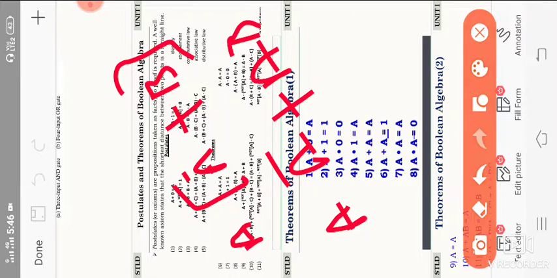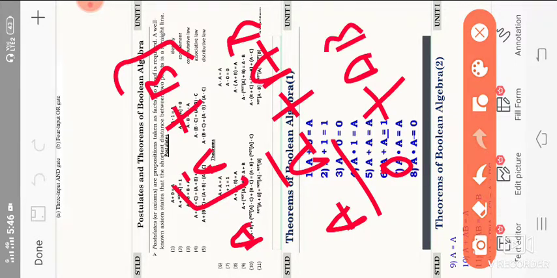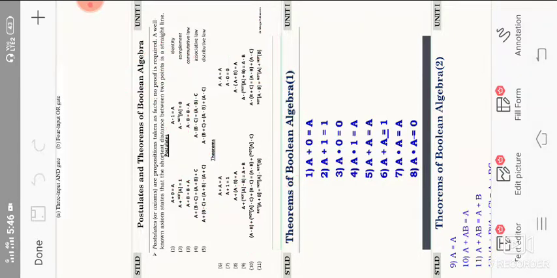We have already discussed A into A bar equal to 0, plus AB. So finally we are getting AB. Those are the Boolean theorems we are implementing. Don't worry, we will solve them in the next class and explain the theorems clearly. Thank you to all.